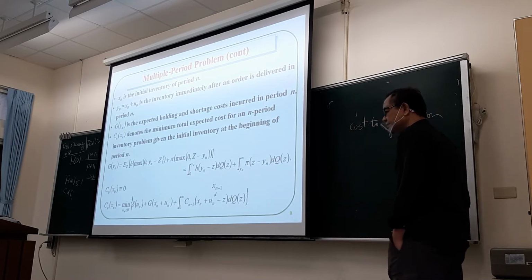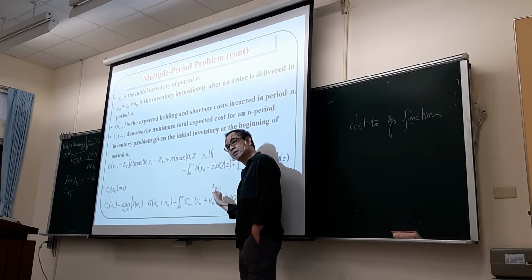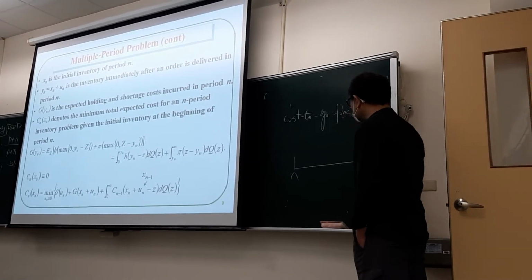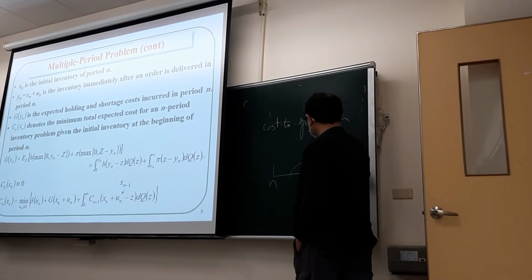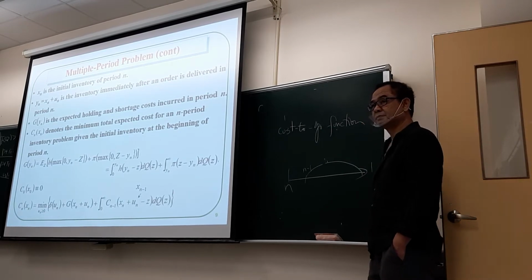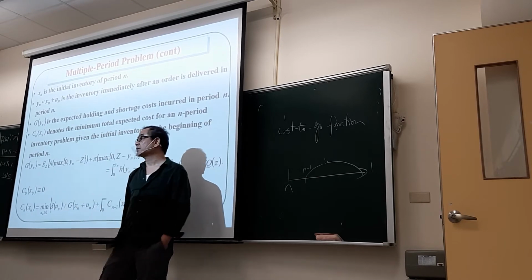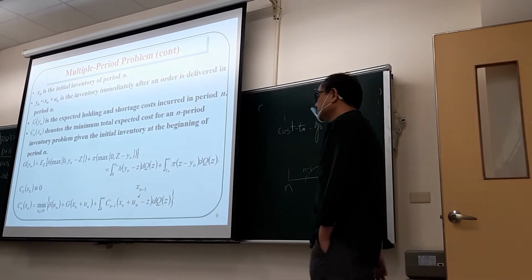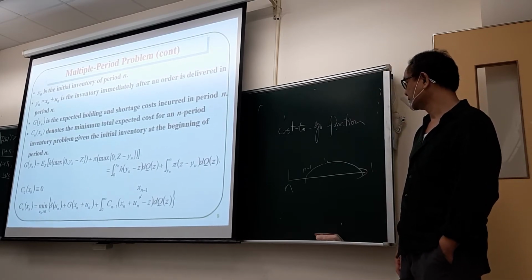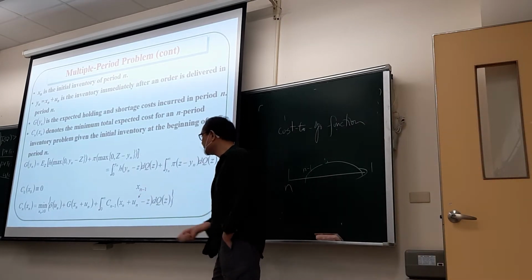Cost to go function. You see, we have n minus 1 periods to go, right? Plus period n's cost. So this indicates n minus 1 periods to go.